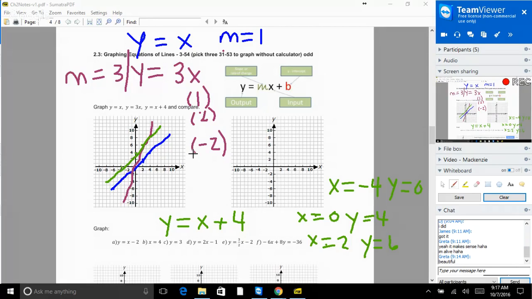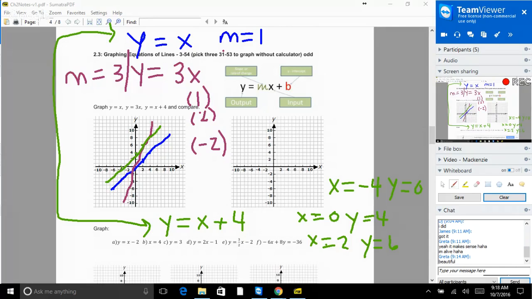Okay, so now we have this green equation, y equals x plus 4, right? What do you notice about the green equation compared to the others? Well, really, we want to look at the green and the blue, all right? They kind of look like they're the same. So y equals x and y equals x plus 4 appear to be parallel lines to me by my amazing drawing.